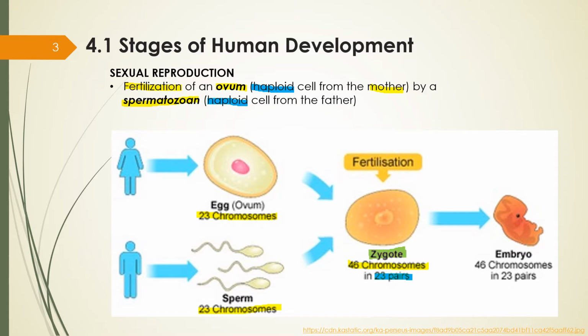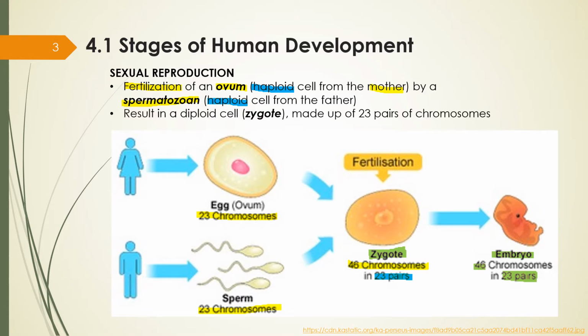So when the cells perform mitosis over and over, it's gonna increase the number of cells, creating an embryo. So the embryo also has 46 chromosomes in 23 pairs, and it's like that until you are adult, during your whole life. You're gonna have 46 chromosomes in every single cell in your body. Okay.